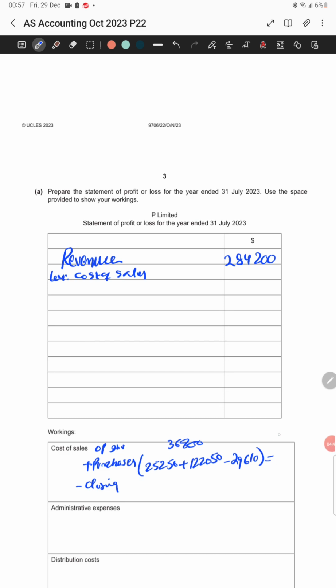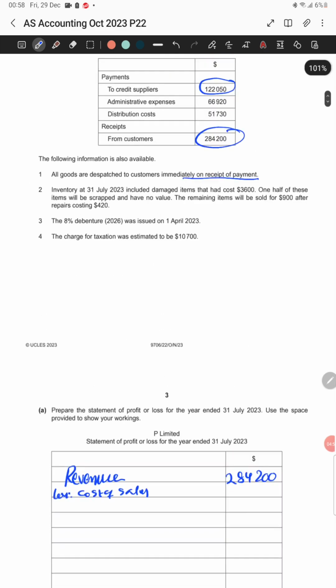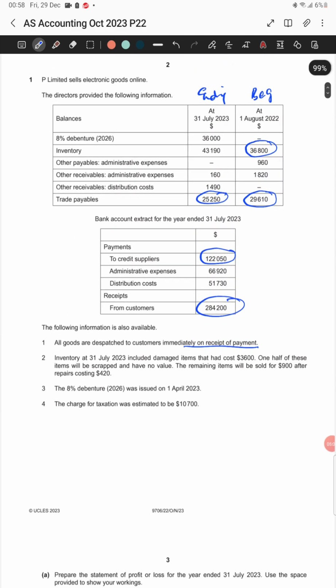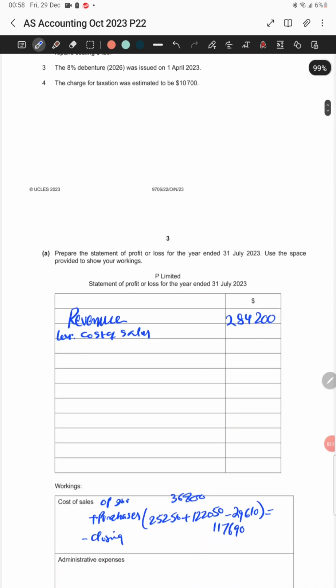So the purchases will be 117,690, and closing inventory. In the question, closing inventory given is 43190, and we have to consider this amount also.